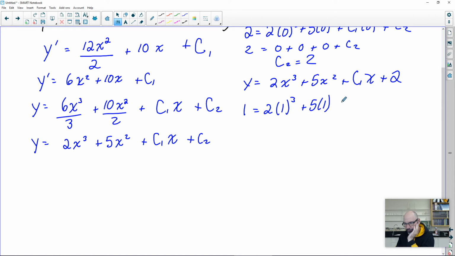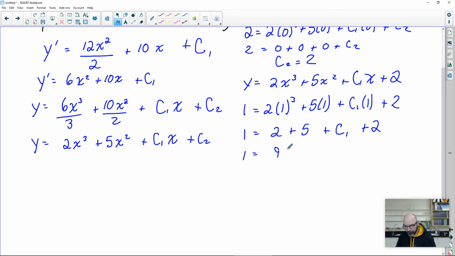Solve for C1 now. Okay, so we've got 1 equals 2 plus 5 plus C1 plus 2. So 1 equals 7, 8, 9 plus C1. So subtract 9, we get negative 8 equals C1.